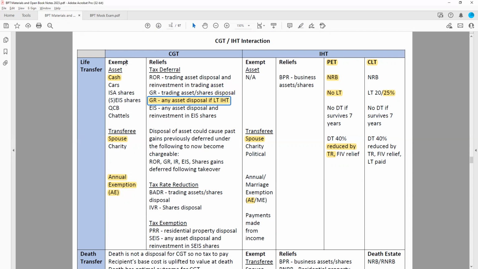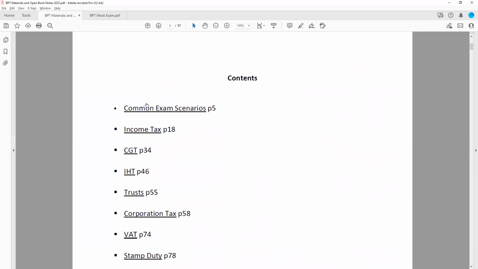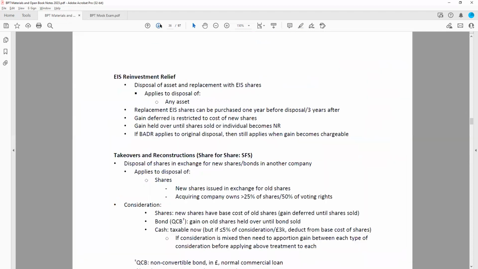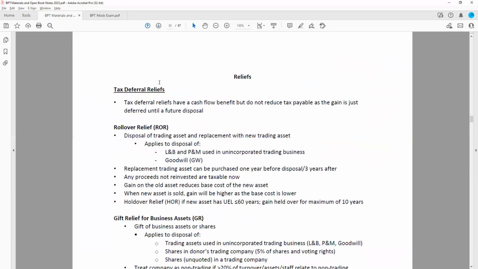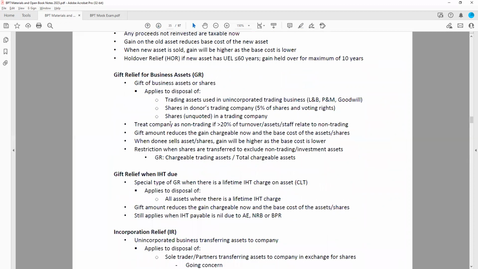So this isn't the same type of gift relief as when you've got an individual disposing of shares in their personal trading company, or their unincorporated business. So this isn't the same as gift relief for business assets, which is kind of similar to business asset disposal relief, when you've got somebody disposing of either their shares in the company that they've got 5% of the shares in, or trading assets in their unincorporated business.